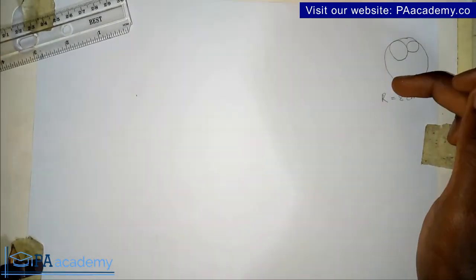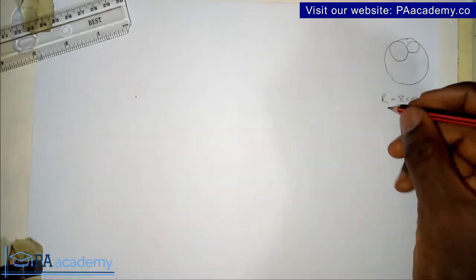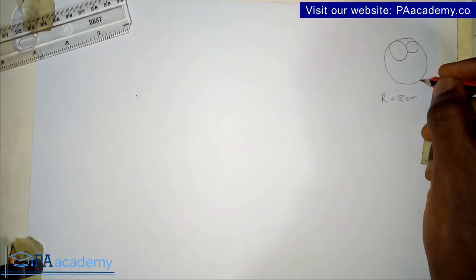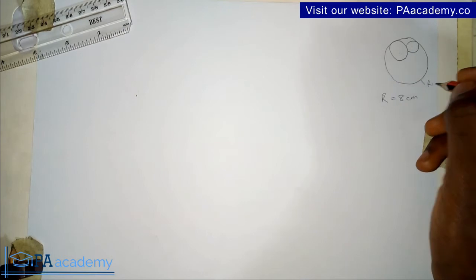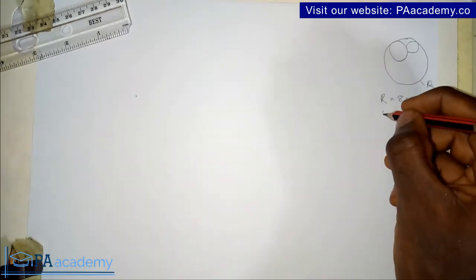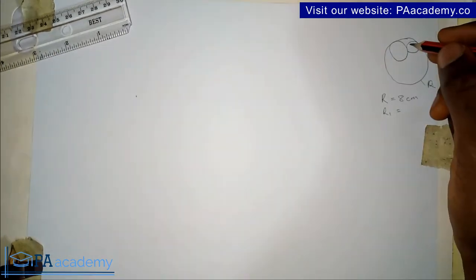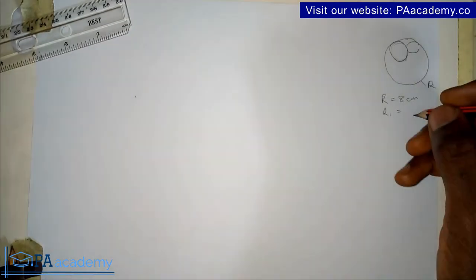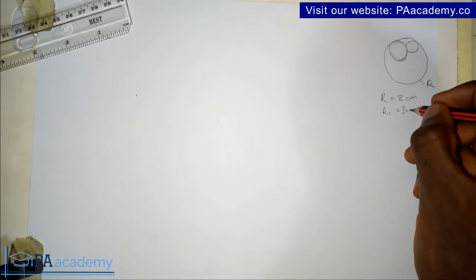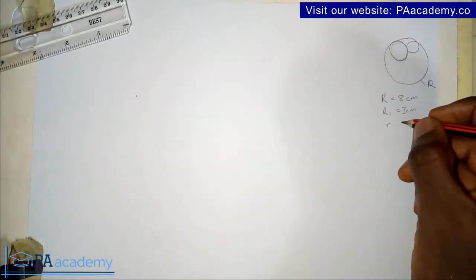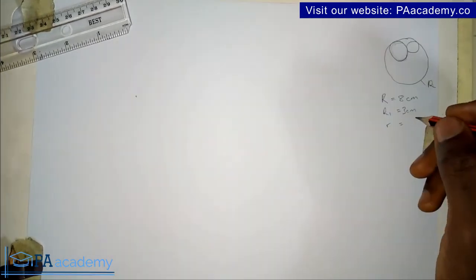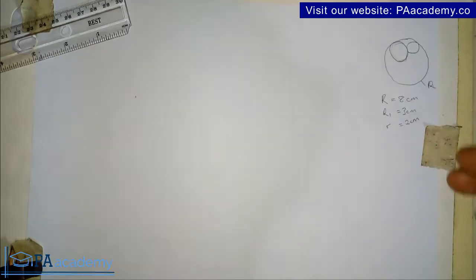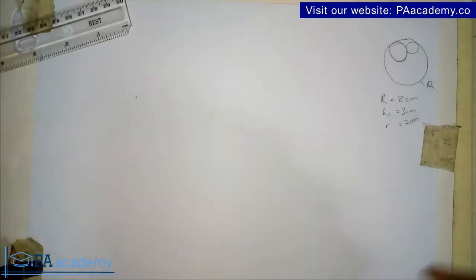So 8 centimeters is R for the bigger circle. Then we have R1, the radius of one of the circles inside the bigger circle, which is 3 centimeters. Then we have small r, the radius of the smaller circle, which is 2 centimeters. So those are the radii we are going to use.